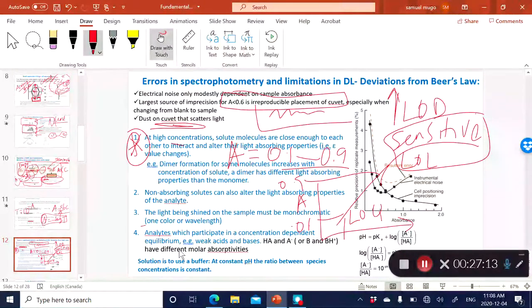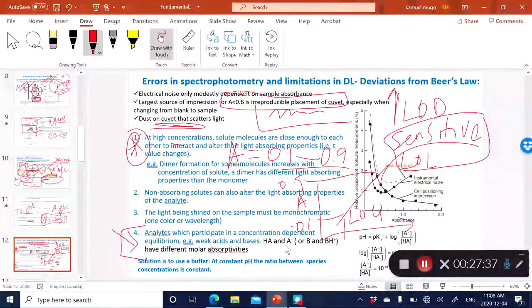Maybe one other major significant deficiency of spectrometers is the fact that you can't really use them to analyze weak acids and weak bases. Anything that undergoes chemical equilibrium, meaning it dissociates during the experiment, means you cannot use a spectrometer, okay?